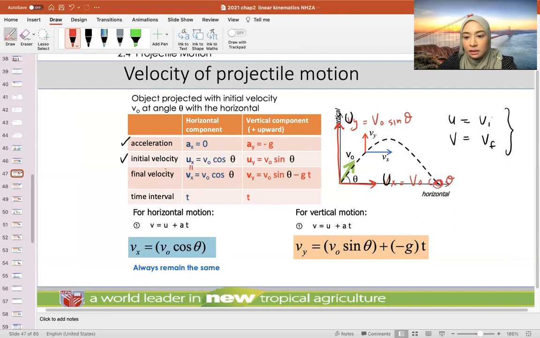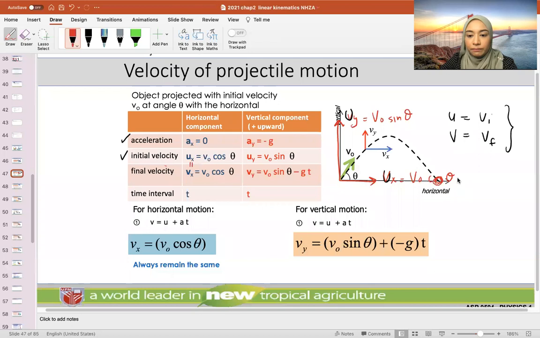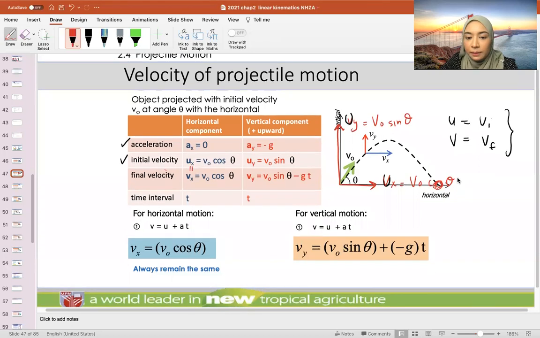We have reached here, but the velocity in the x direction does not change. Anyone wants to guess why? Constant velocity. What else? Because acceleration is zero. Correct, Ian? Yes, because acceleration. Yes, Ian too.